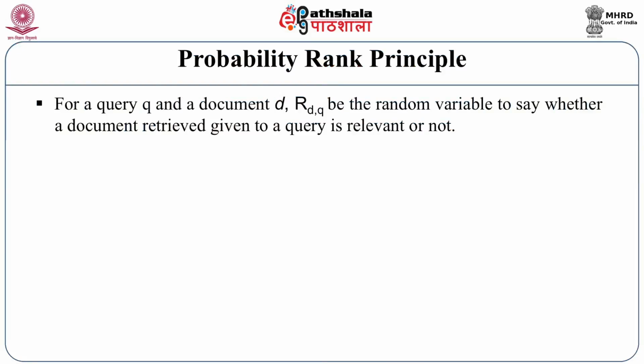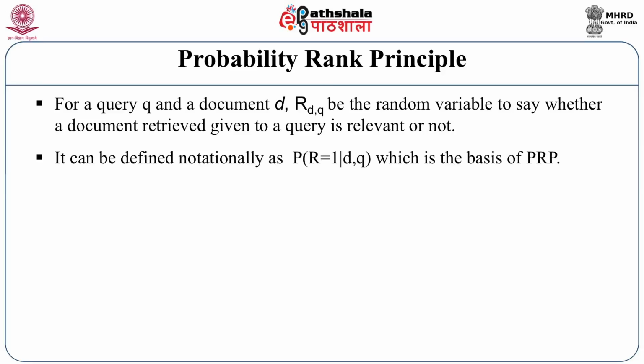So let us start with the probability rank principle, for a document D and a query Q. Suppose a random variable R is there to say whether the document retrieved for a query is relevant or not. It can be defined as probability of R equal to 1 given document D and query Q, which is actually the basis of PRP.